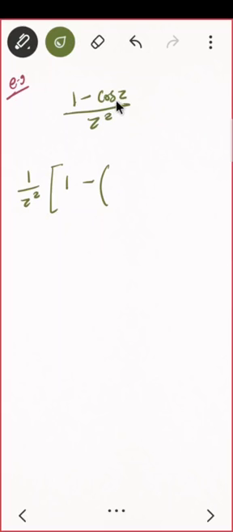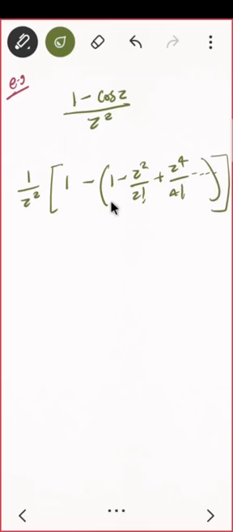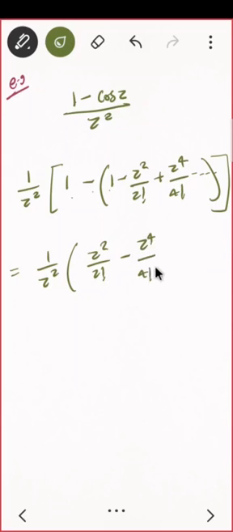I know about cos z, that is 1 minus z squared upon 2 factorial plus z raised to 4 upon 4 factorial, all even terms alternating plus minus. If you open the bracket, you will see this 1 and 1 is gone, so it will be 1 upon z squared multiplied with z squared by 2 factorial minus z raised to 4 by 4 factorial plus z raised to 6 by 6 factorial, and so on.